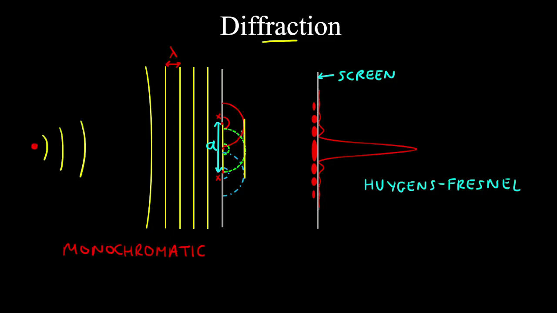In the middle, we have constructive interference between the wavelets, and on the edge, there's no other wavelet to interfere with this one. So the wavefront now looks something like this. So it's being bent or diffracted due to the top part of it being blocked when going through the opening.